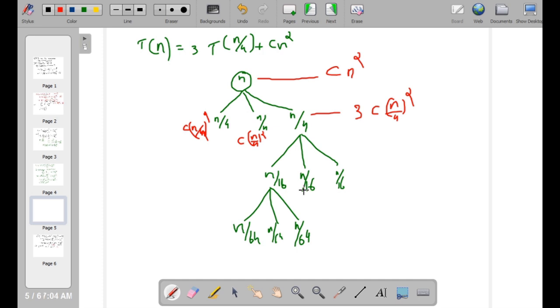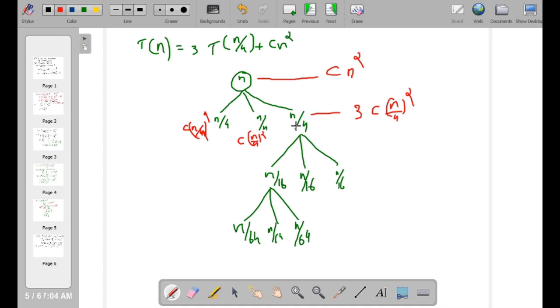And here how many? See, every n by 4 problem will be split into 3 n by 16 problems. So this will split into 3, this also into 3, this also into 3.